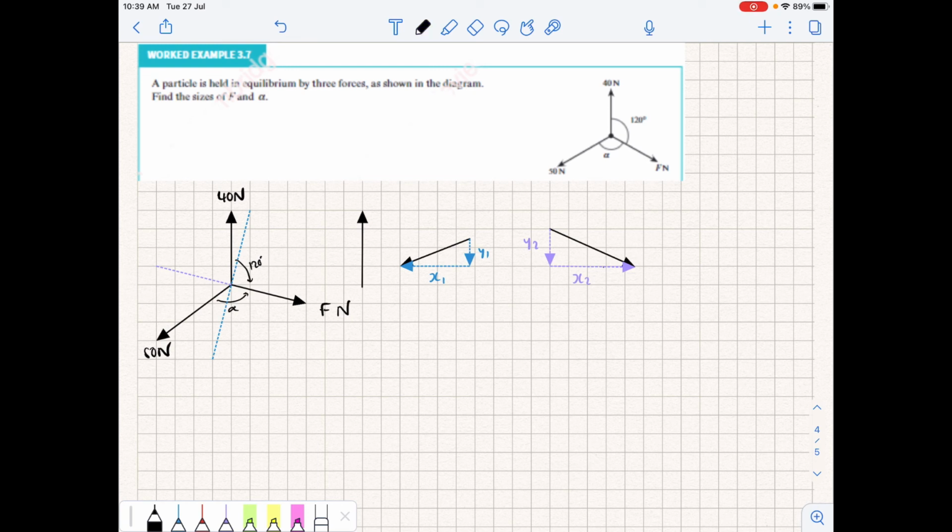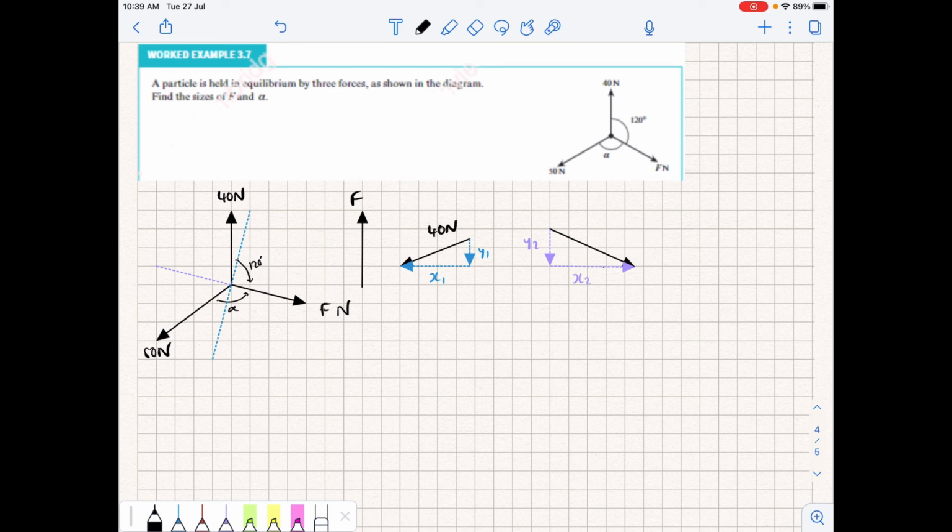Now, usually you would draw the components of your forces on the diagram itself, but to make it a little bit less confusing, I'm just going to draw them off to the side. So if we rotated this diagram around, we could say that force F could be the vertical component up. Then we have the 40 newtons force over here.